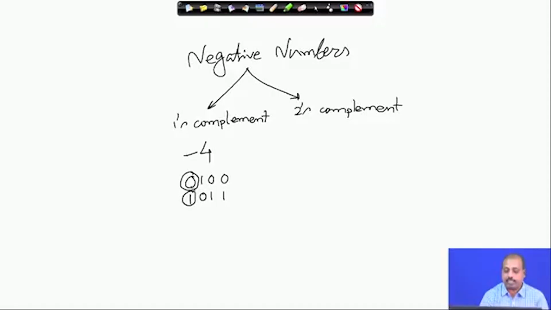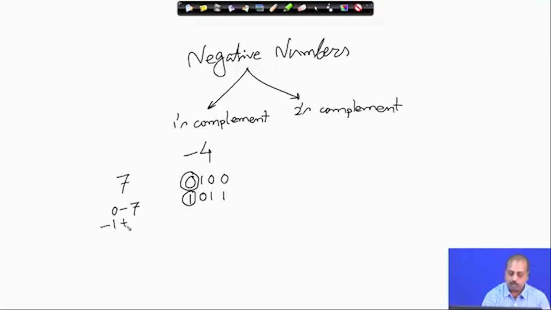With that understanding, I have got 3 bits to represent the magnitude, so with 3 bits I can go up to the number 7. In a 4-bit representation, I can represent the numbers 0 to 7 that are positive, and I can take complements of them to represent negative numbers.